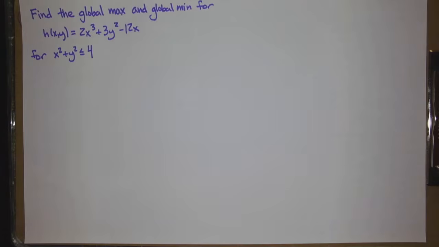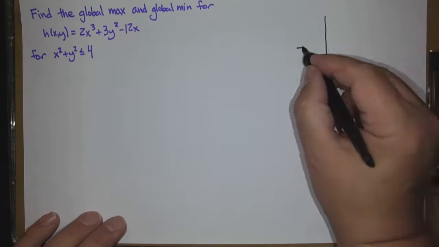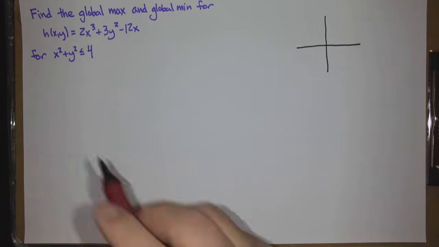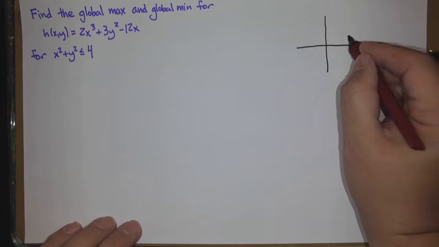Find the global max and global min for h of x, y equals 2x cubed plus 3y squared minus 12x for x squared plus y squared less than or equal to 4. If we just end up saying our list, I'll be very happy. Because once you have the list, the plugging in is just plugging it in. X squared plus y squared less than or equal to 4, what does that look like? Circle of radius 2.